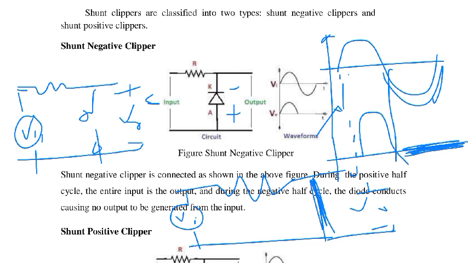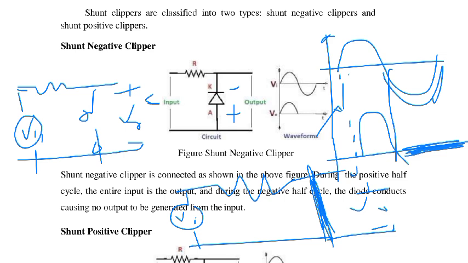During the negative half cycle, this diode turns on. This is an ideal diode, so this path becomes a short. That's why the output must be equal to 0.